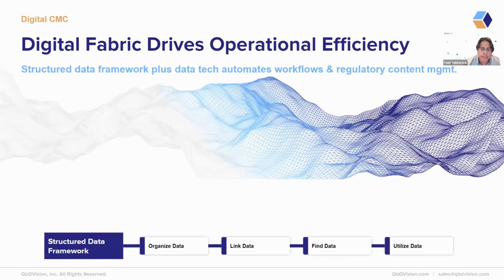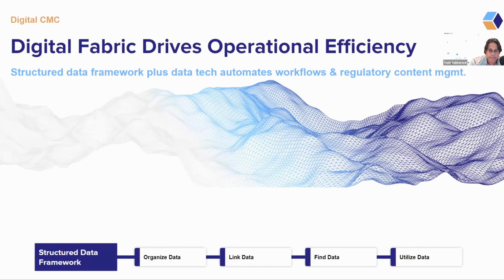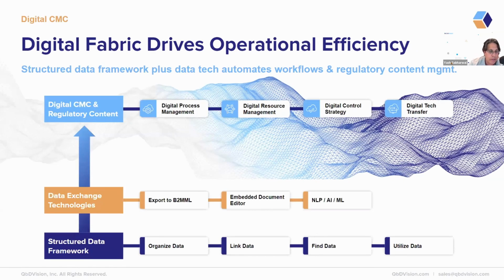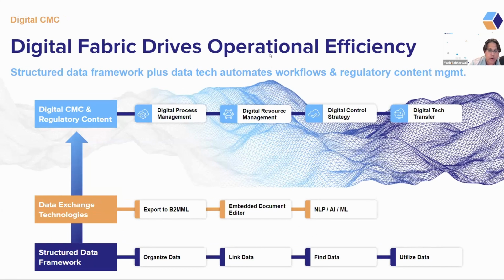So how does digital fabric drive operational efficiency? Well, as we mentioned, it has to start with a structured data framework. So structuring your data allows you to organize it, to link it, to find it, and ultimately utilize it. And these are some of the principles of the FAIR process. The goal really here is to get to digital CMC workflows and regulatory content workflows.